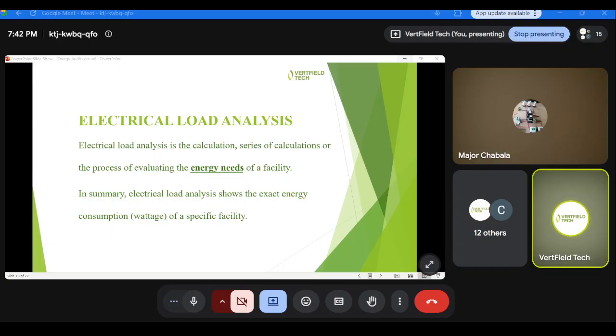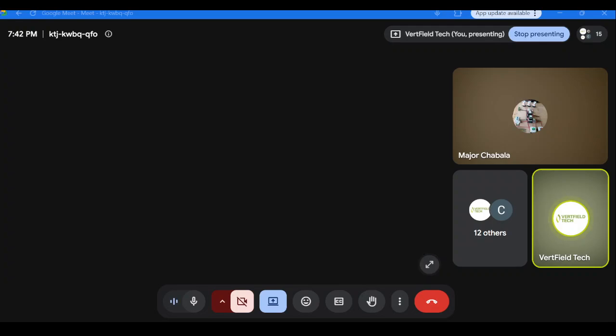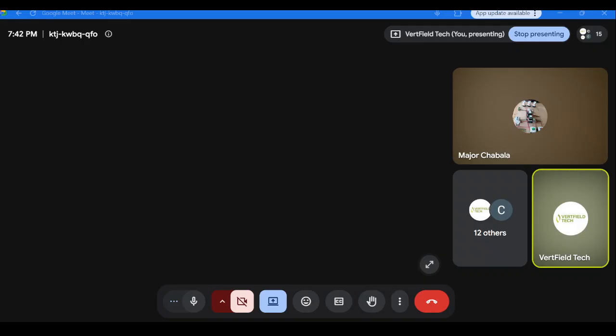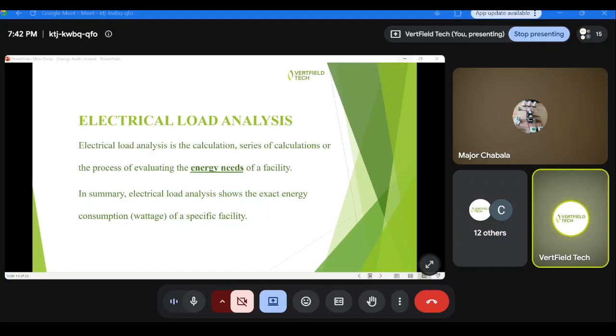That is what the energy audit does for you. But we didn't tell you how it is going to be able to do this for you. And that is what brings us to what we call electrical load analysis.